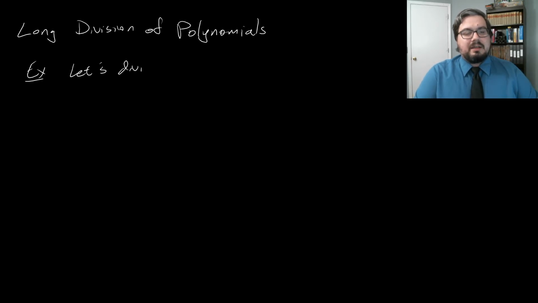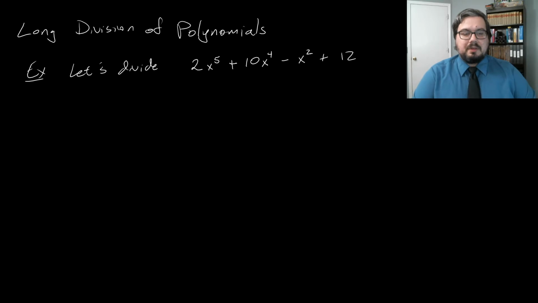Let's divide 2x to the fifth plus 10x to the fourth minus x squared plus 12 by x cubed plus x plus 1.